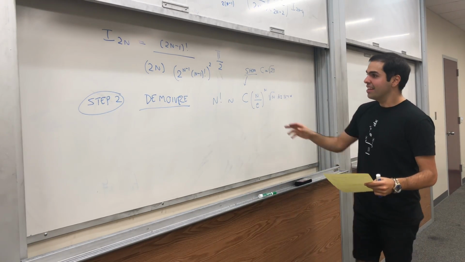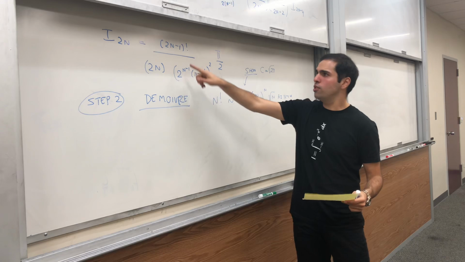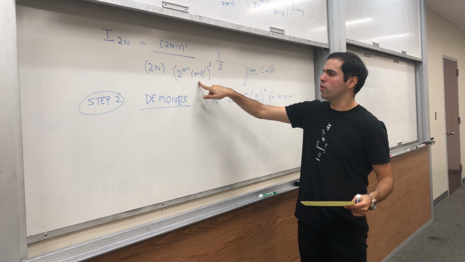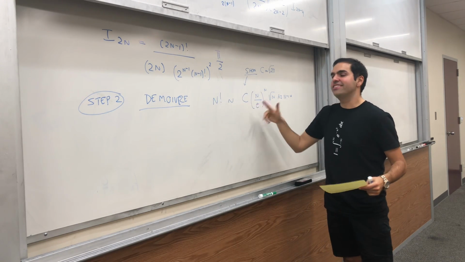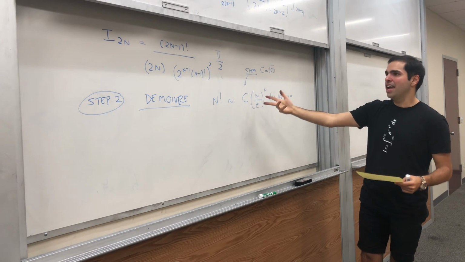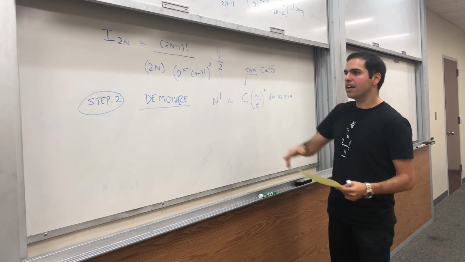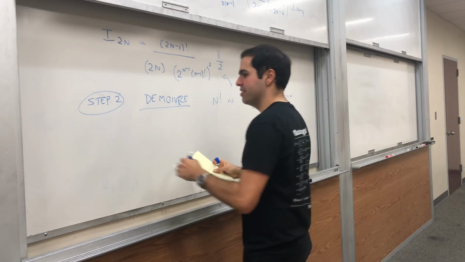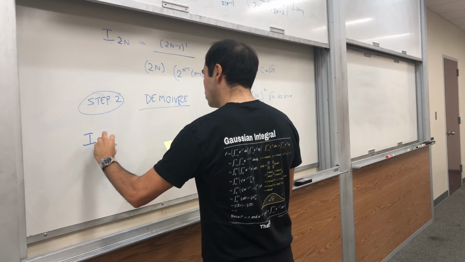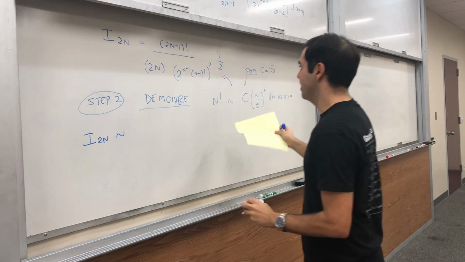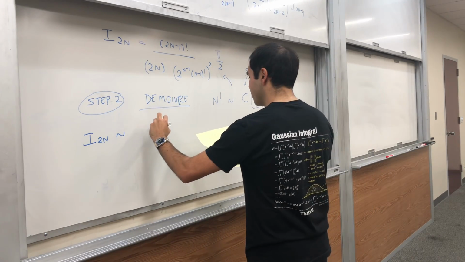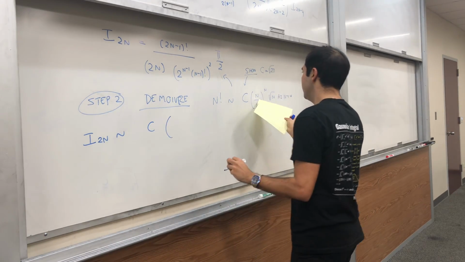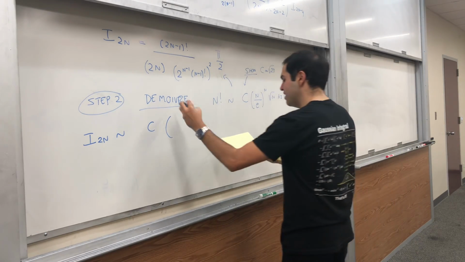All right, now that we know that I of 2n has those bunch of factorials in it, and we have this nice expansion for n factorial, let's just plug this into this formula. So what does that tell us? It tells us that I 2n asymptotically equals that constant times, instead of n, it's 2n minus 1.